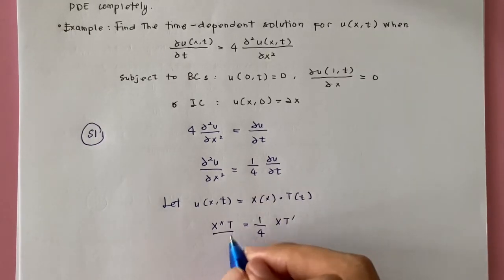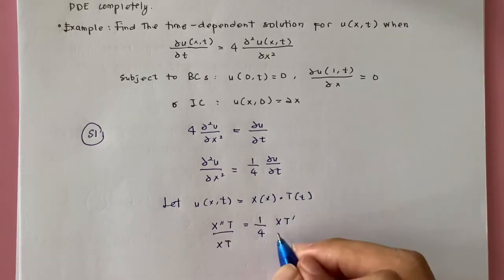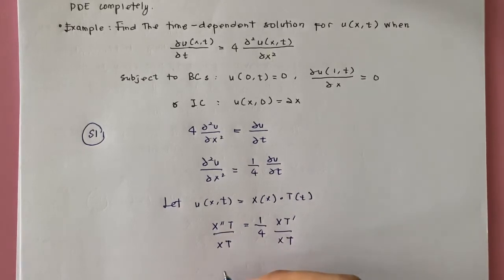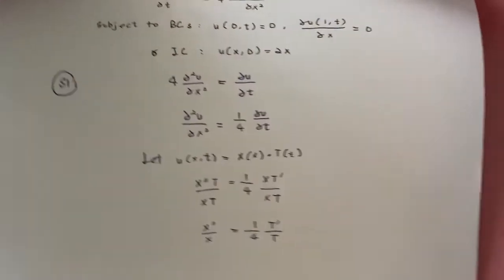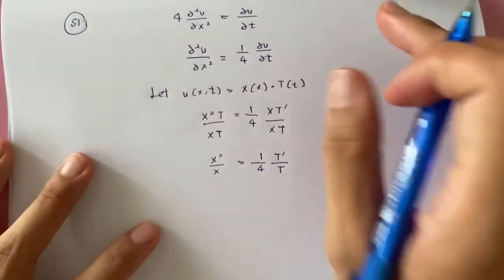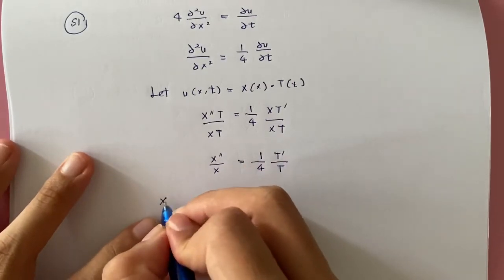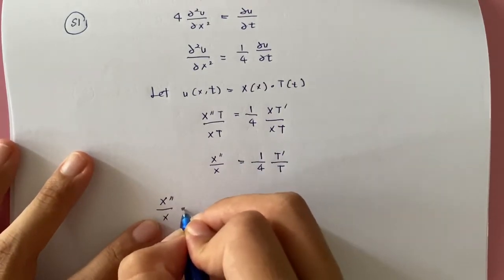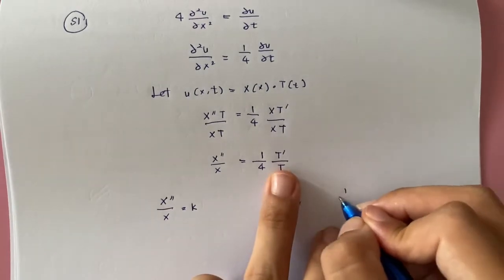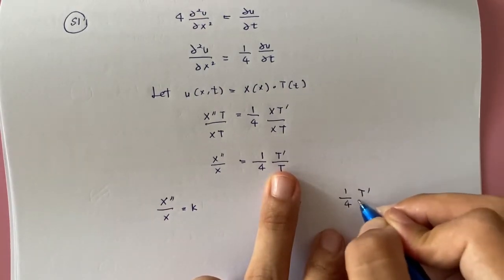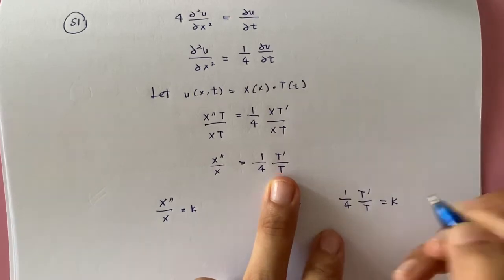We divide by X T. We have X double prime over X equal to 1 over 4 T prime over T. So X double prime over X is equal to k, and 1 over 4 T prime over T equal to k.